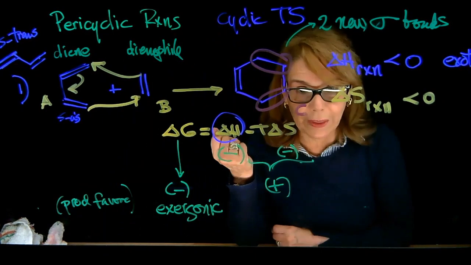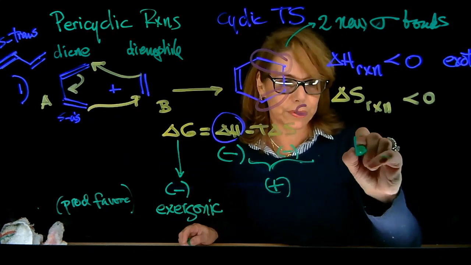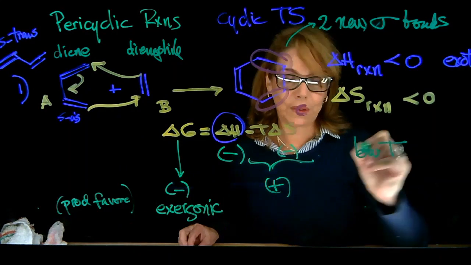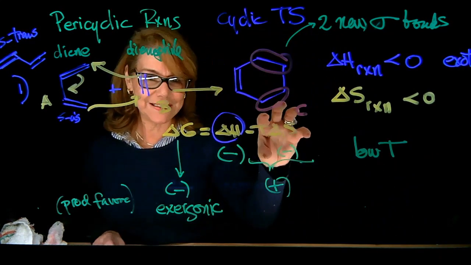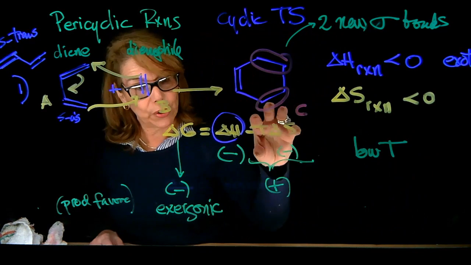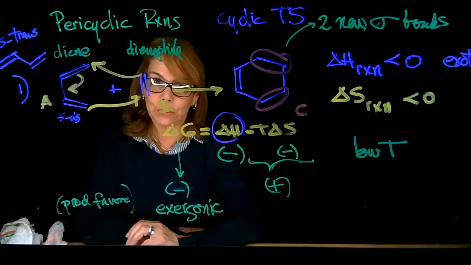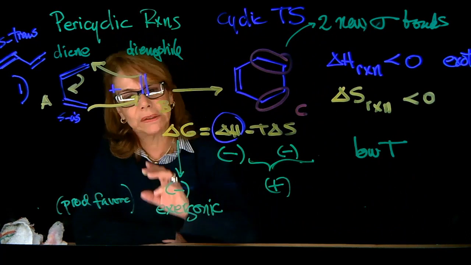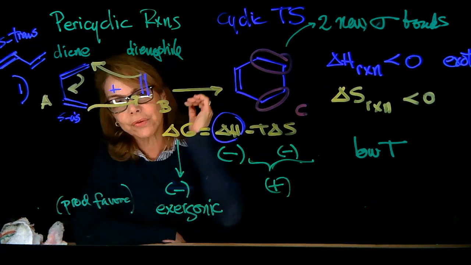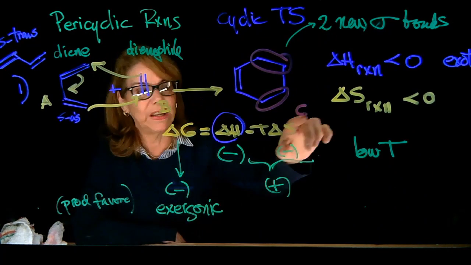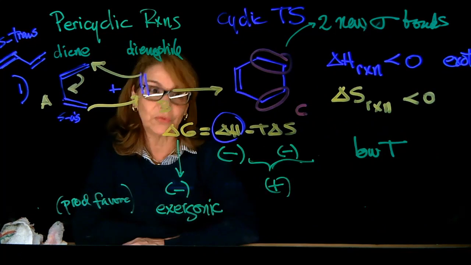So to ensure that, these reactions are carried out at low temperatures, because that way you are minimizing the T delta S term, so it is going to be smaller, and when you add those up, the predominant factor will be the enthalpy. So at low temperatures, these cycloadditions, and addition reactions in general, because they involve a decrease in entropy, are favored.